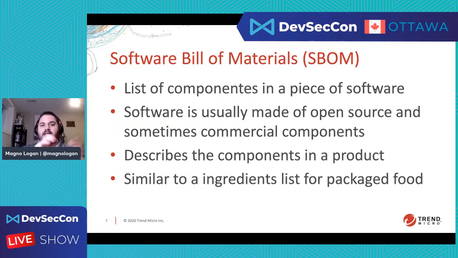So in my code directly, I don't see any calls to Log4j, but that library calls Log4j for me, right? So I'm still vulnerable, right? But I don't have that information. I can't see it right away, especially if I'm not using an SCA or if I don't have an updated SBOM for my software, right? So that was what created the whole turmoil, or the whole issue, with the Log4j vulnerability, right?